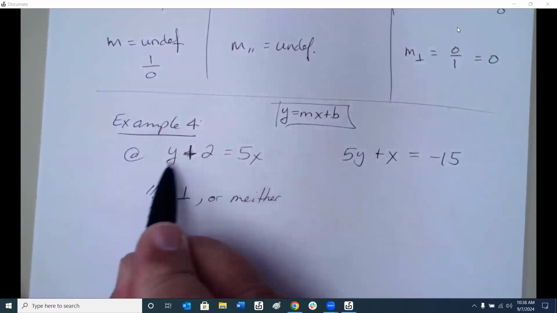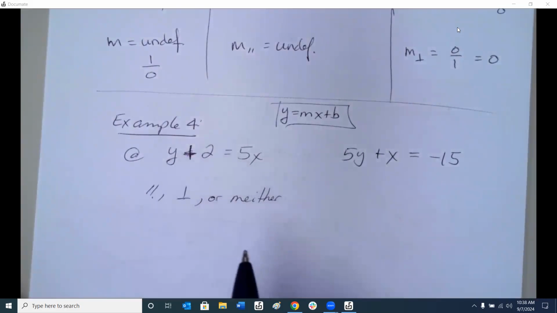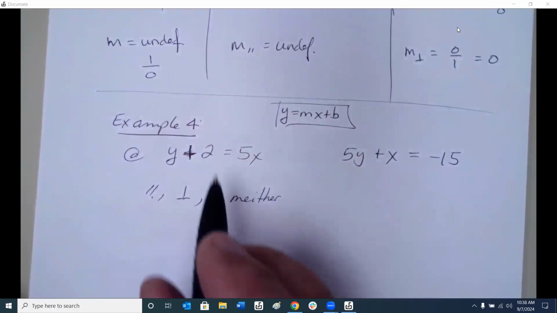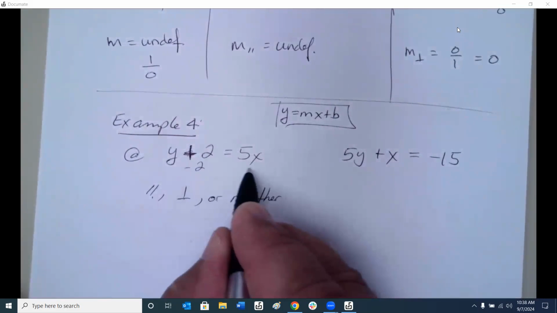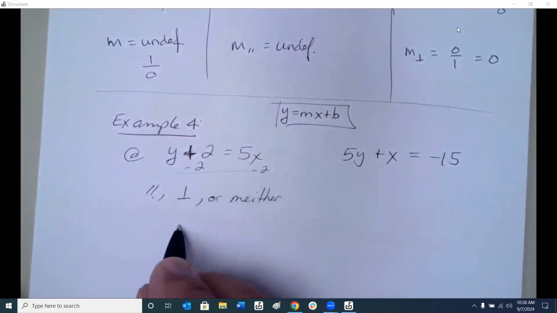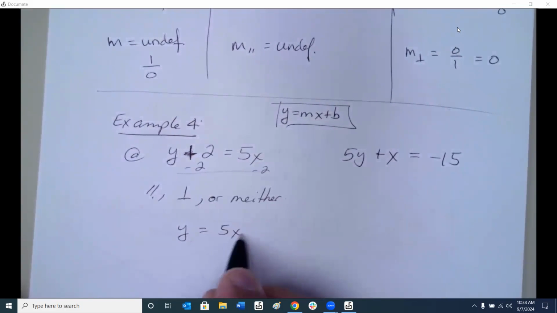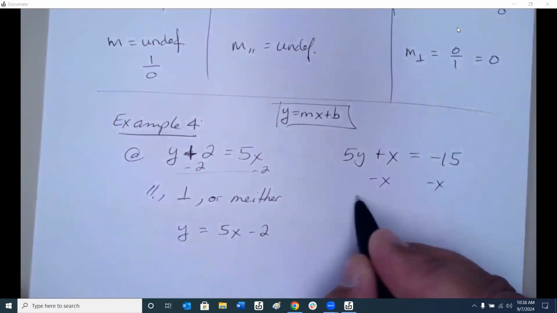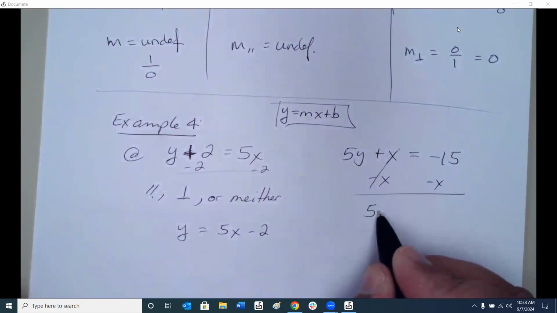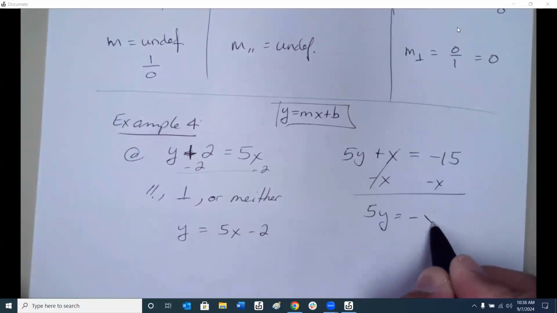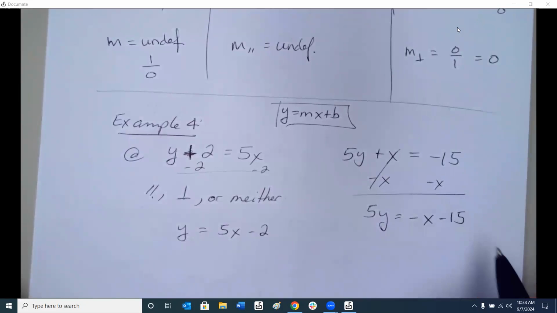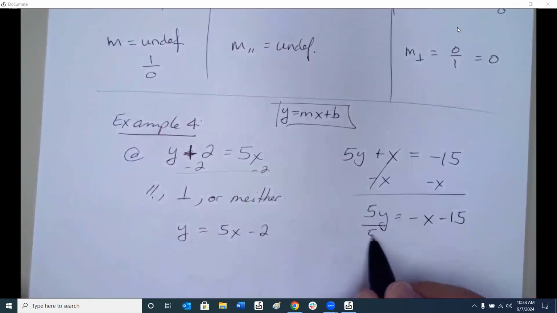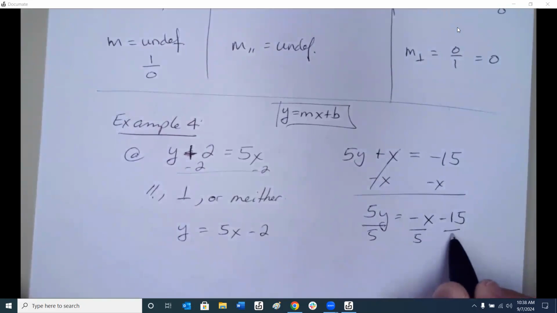So what do we gotta do in the first one? For the first one, we have to get rid of the 2. So we have y equals 5x minus 2. In the second one, we got to move the x over and divide each term by 5.